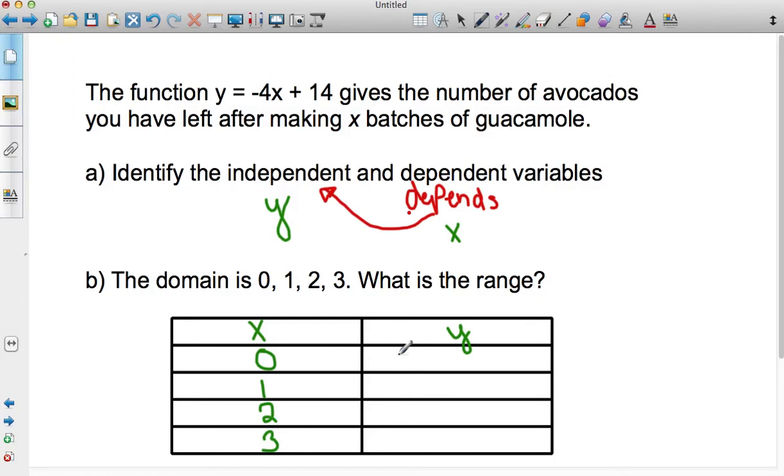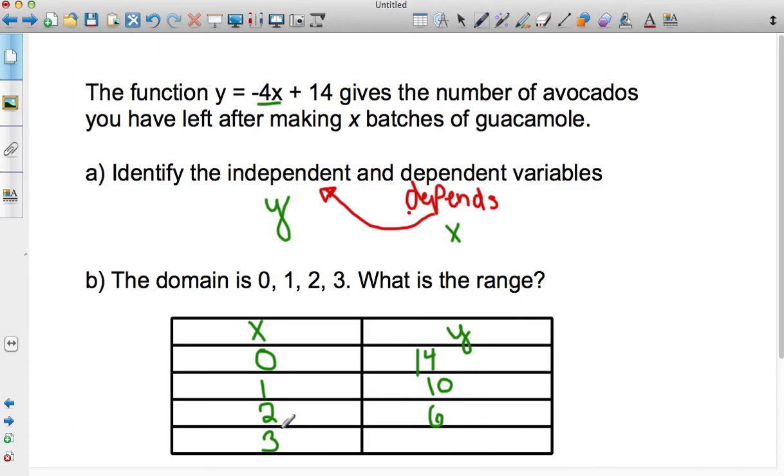If x is 0, y is 14. If x is 1, negative 4 times 1 is negative 4 plus 14, we end up with 10. If x is 2, negative 4 times 2 is negative 8 plus 14 gives me 6.